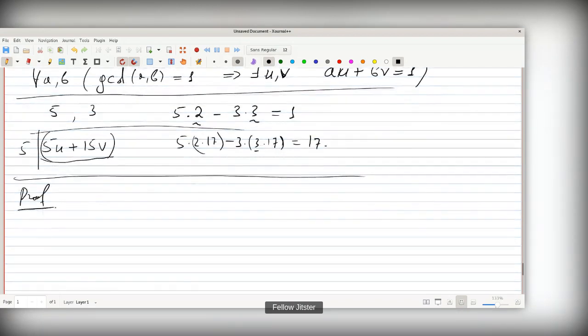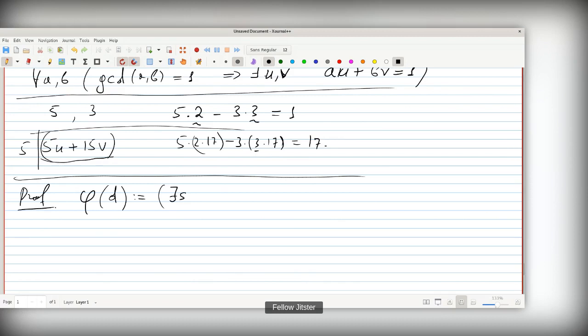This will require some induction, as usual, in the form of the least number principle. Let us consider some property phi. Phi of d would mean that there exist some integers s and t, of course. Every number is an integer by default in our treatment. There exist s and t such that d equals as plus bt.